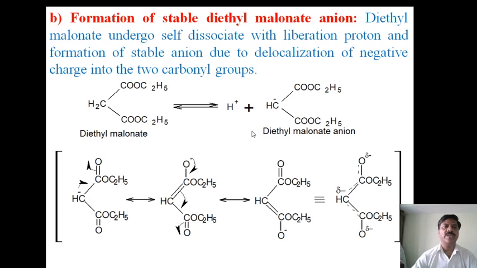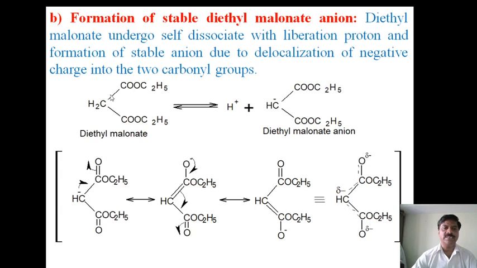Second point we have to say is the formation of a stable diethyl malonate anion. When diethyl malonate undergoes self-dissociation with the liberation of a proton, a stable anion is formed due to delocalization of negative charge into the two carbonyl groups.